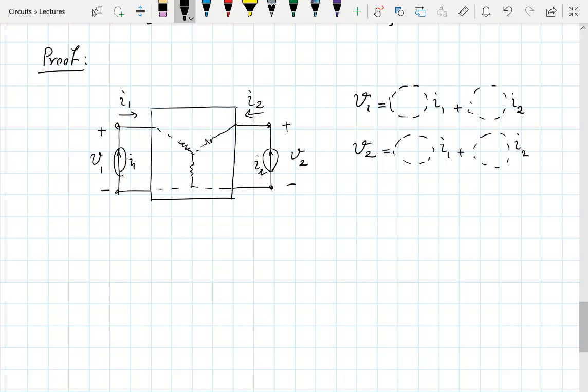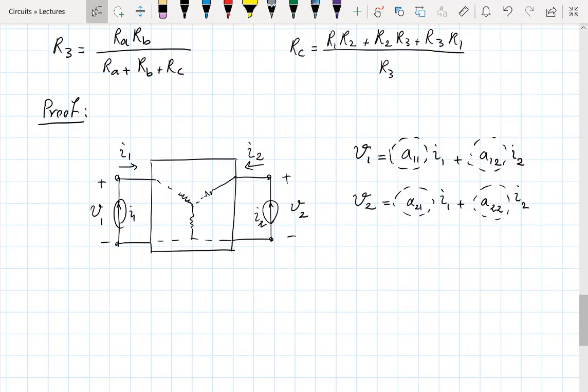You can call these, let's say, to avoid confusion, for now, A11, A12, A21, A22. Okay? Now the nature, the dimension of each of these coefficients has to be of the dimension of resistance, right, ohms. And I hope you would agree with me that they would basically come out of a combination of those three resistances, right, the parameters of the circuit. So this is basically from linearity and superposition.